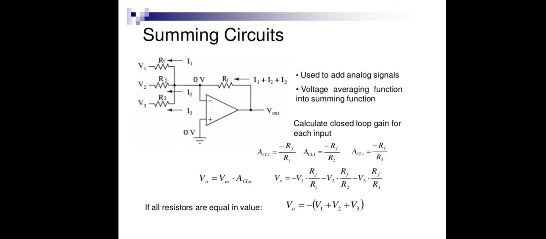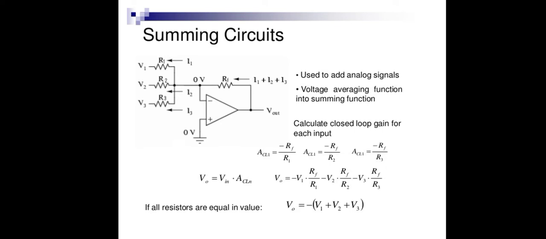First application is the summing circuit, that is, the adder circuit. In the inverting terminal the input voltage is applied, and the non-inverting terminal is grounded, that is, V is equal to 0 volt. The output is the addition of these voltages.